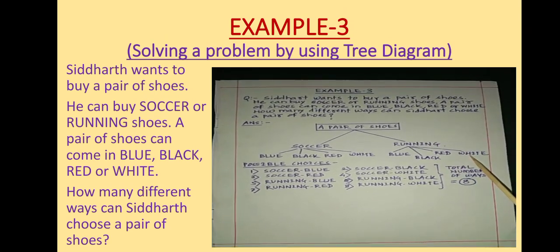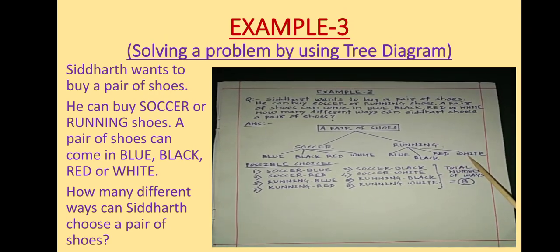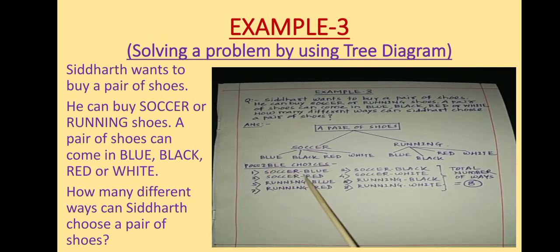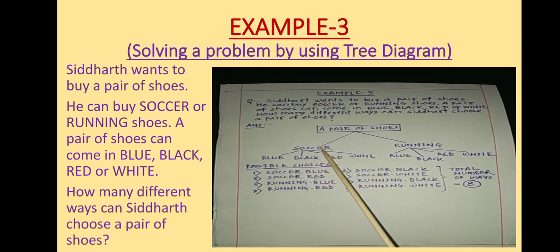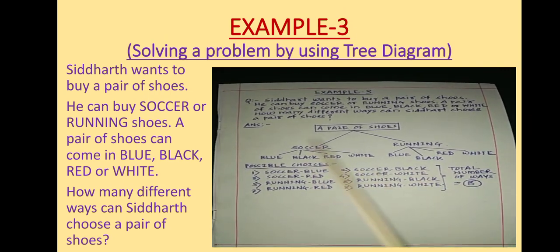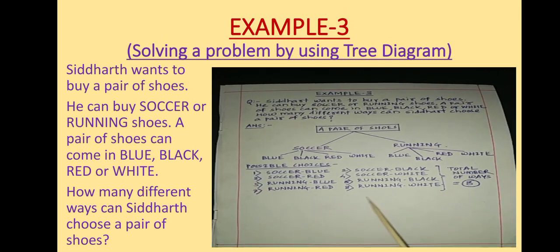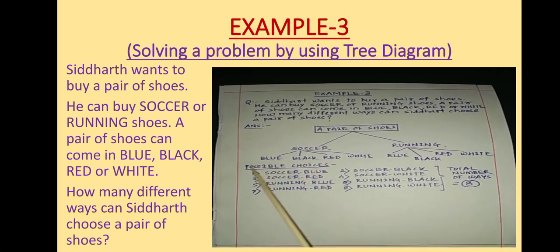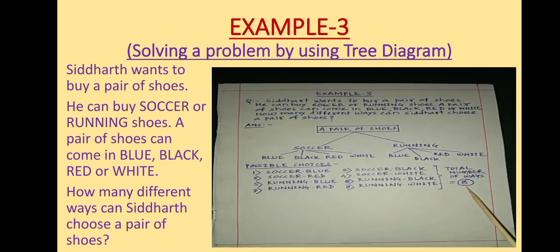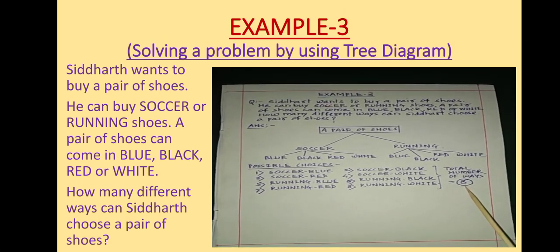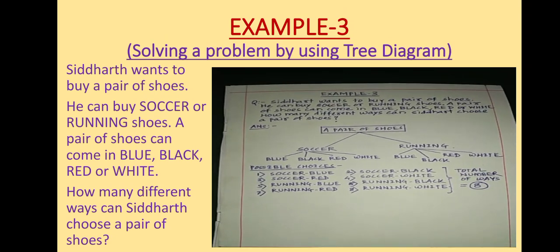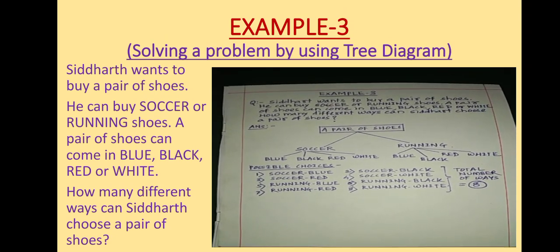Now after making a tree diagram, you can list all the possible choices like soccer blue, then next choice soccer black. In this way, if you list out all the possible choices, it will come out to be 8. So there are 8 ways Siddharth can choose a pair of shoes.